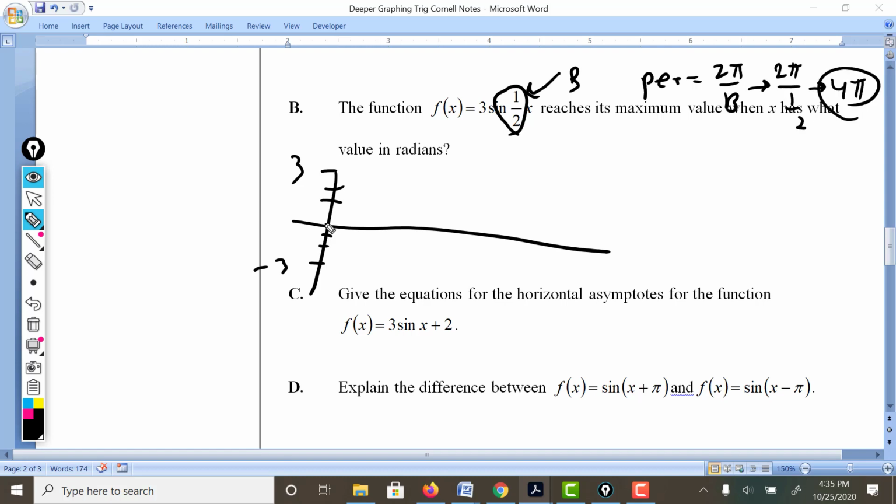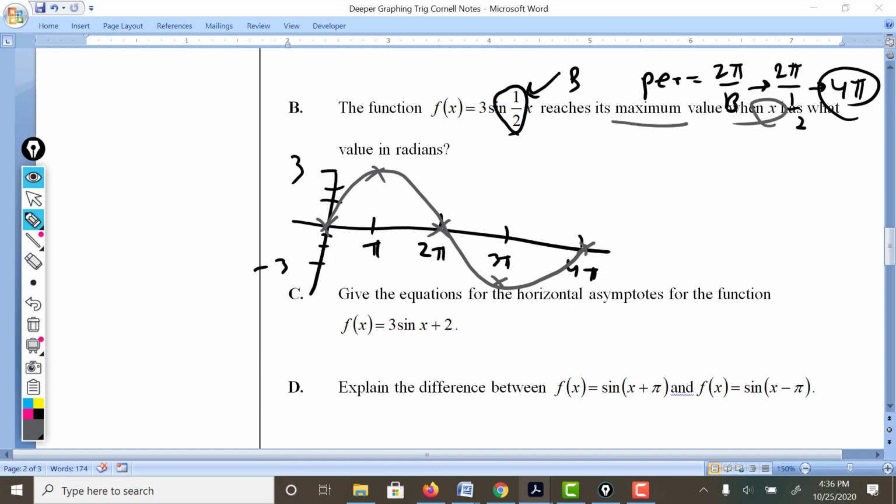So that means I have 0, pi, 2 pi, 3 pi, 4 pi. If I were to graph this sine, I get this graph right here. What the question is asking is, when we hit a max, what is the x value?